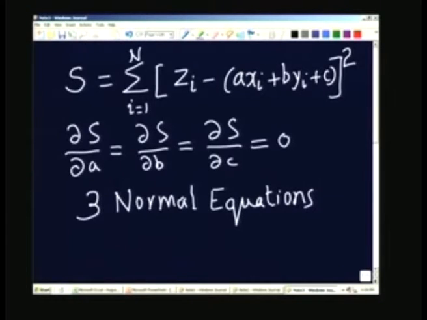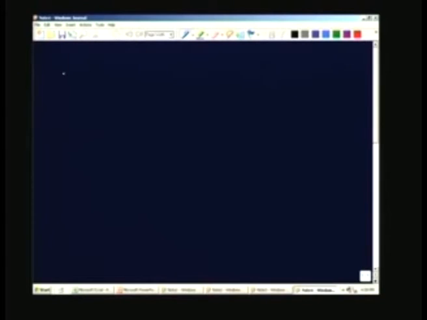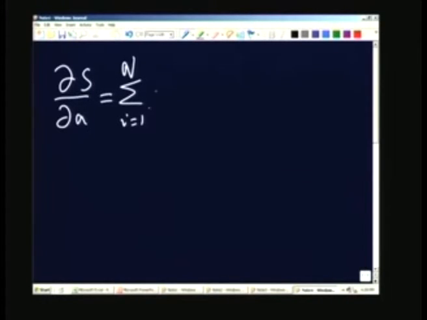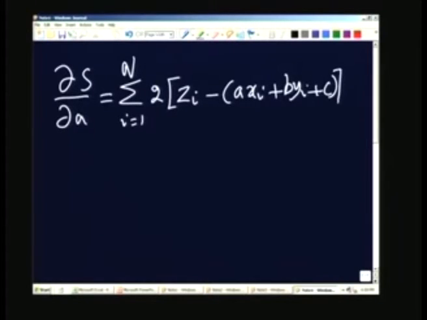Actually, I will just give one normal equation. The student can work out how the other ones are going to look. So, suppose I take dou S by dou a. Let us see what is going to happen. We have dou S by dou a equal to sigma over i equal to 1 to n, 2 into (z i minus (a x i plus b y i plus c)) multiplied by minus x i.